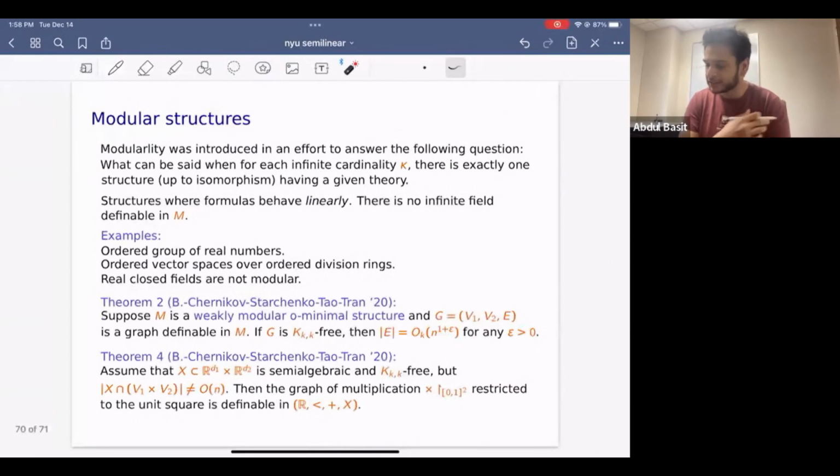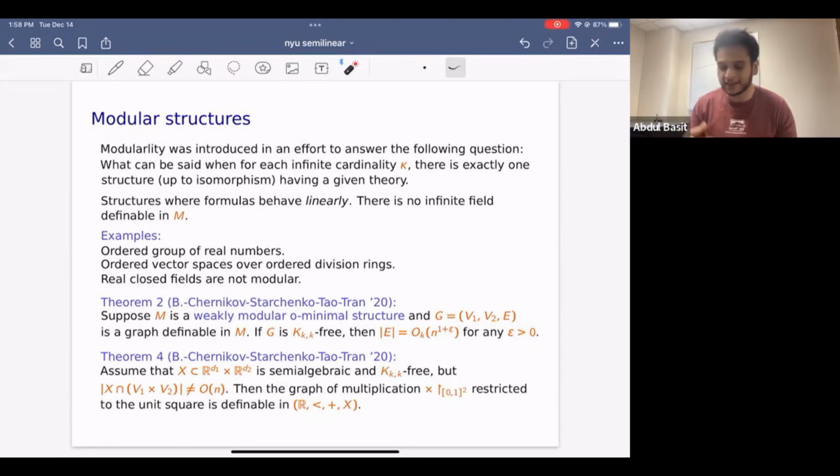Part of our result is another theorem which follows from what we did: if I have a weakly modular o-minimal structure M, and a graph definable in M, and it's K_{k,k}-free, then it should have a linear number of edges. If I can find a graph that has strictly more than n^{1+epsilon} edges, then it encodes a field in some way.